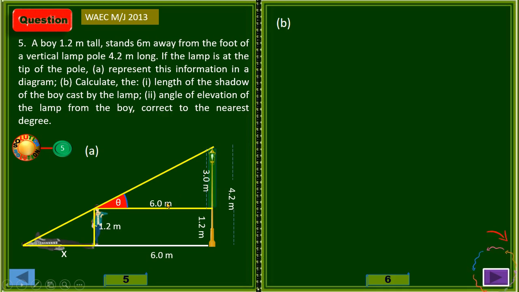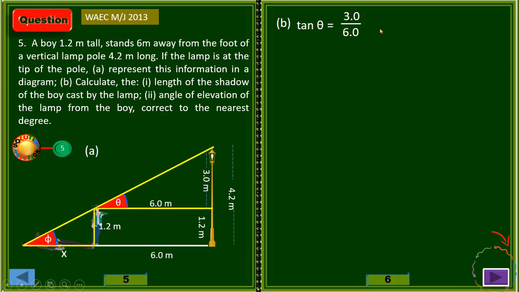Opposite over adjacent we know is tan, so we are going to find tan theta, which is going to be 3, that is being highlighted here, divided by the adjacent, that's 6. Then we know that this angle is equal to this angle, corresponding angles. So this angle is also equal to this. So phi is equal to theta.